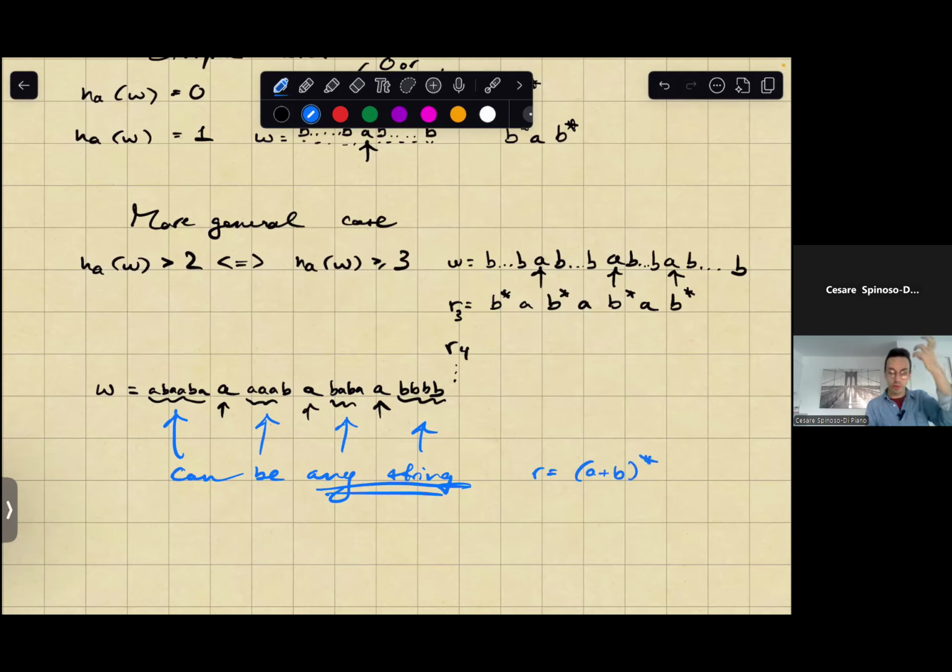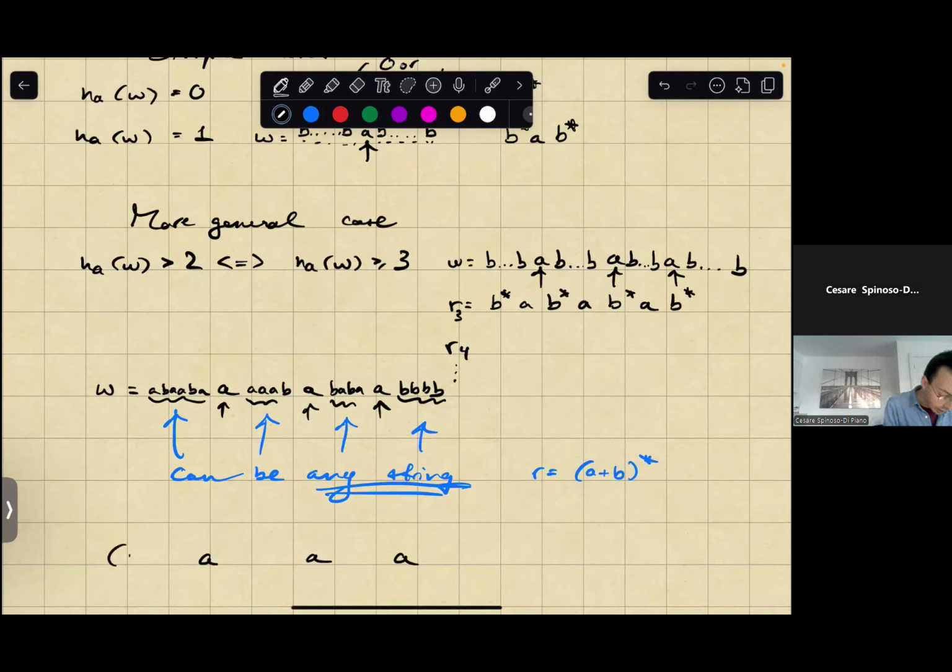So in that case, I do need to hard code the fact that I have at least 3 A's, but then I'm allowing myself to have any number of A's and B's to the left, in between, and to the right of those 3 hard-coded A's, right?